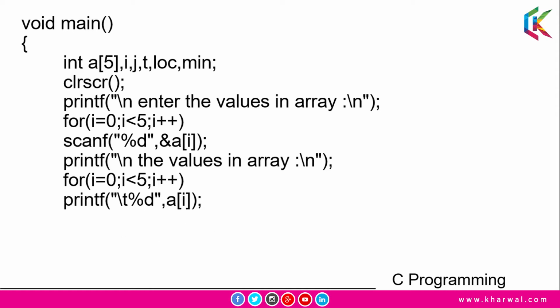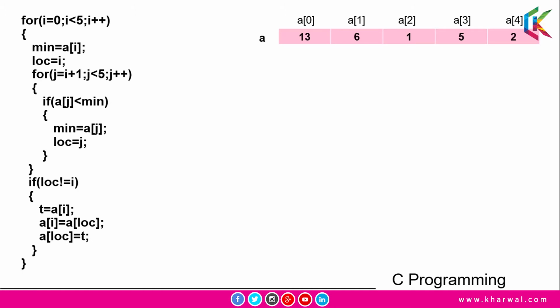Now this is the code that is responsible for selection sort. Initially, when the value of i is 0 in this for loop, it will check this condition. So 0 less than 5 is true. Now we will find the minimum value in this array. First of all, we assign the value of A[0] to minimum.